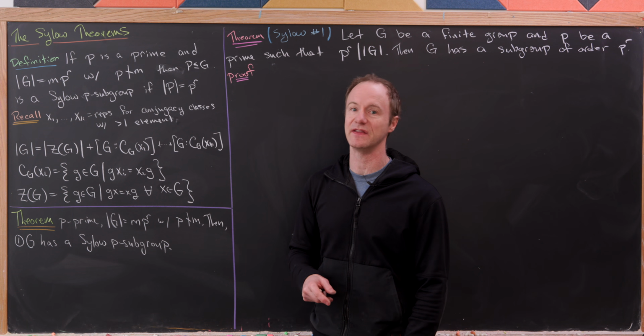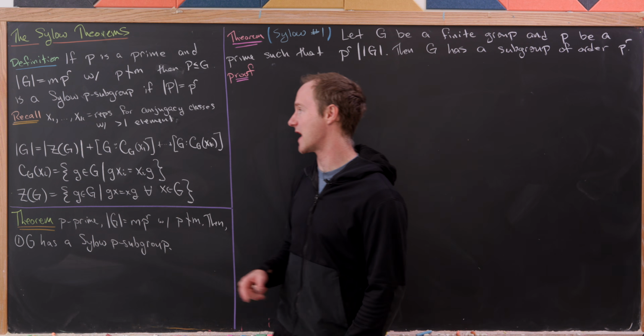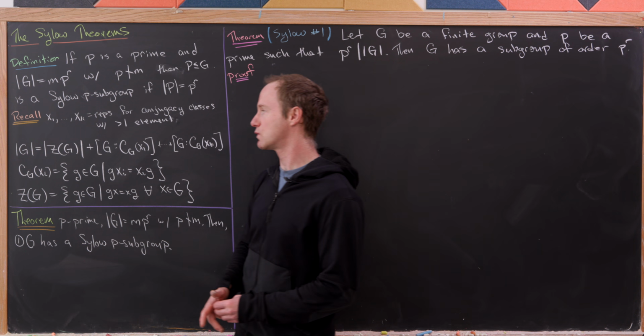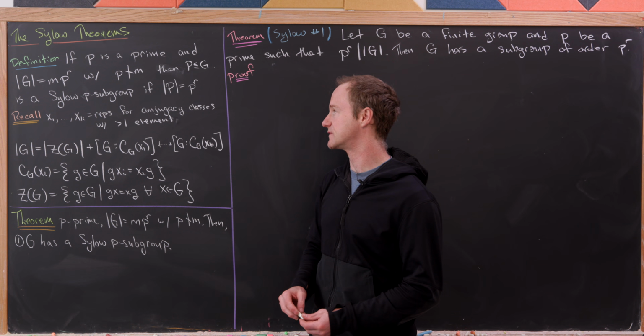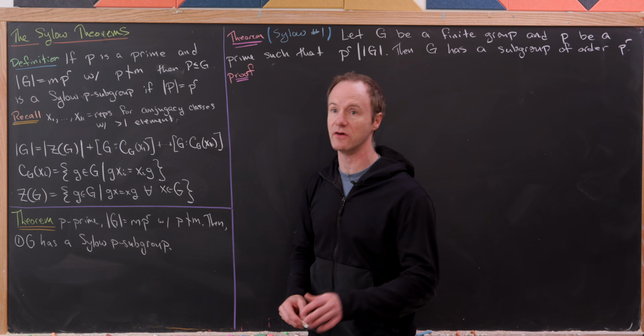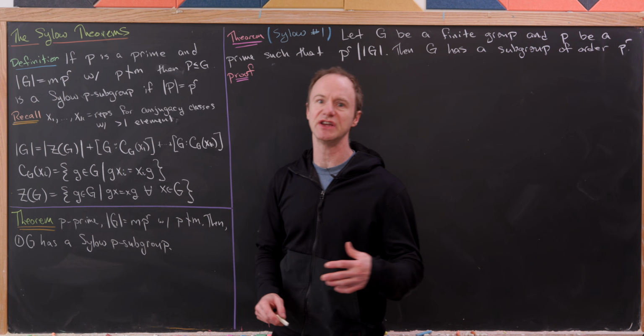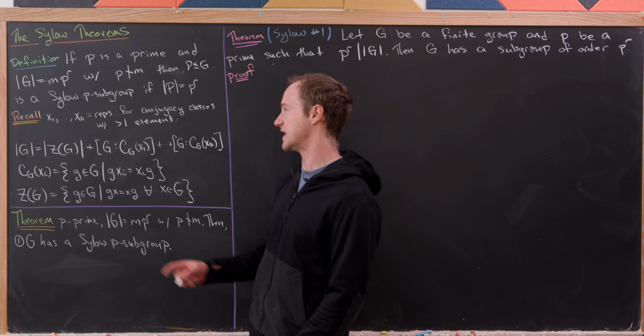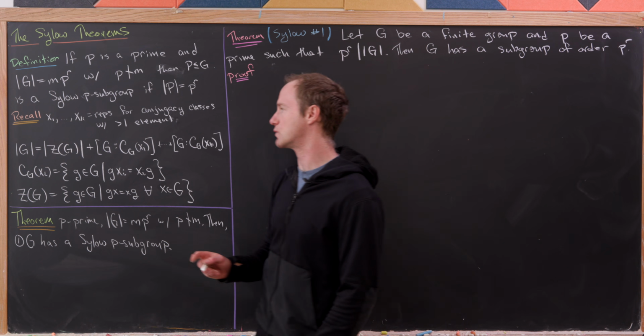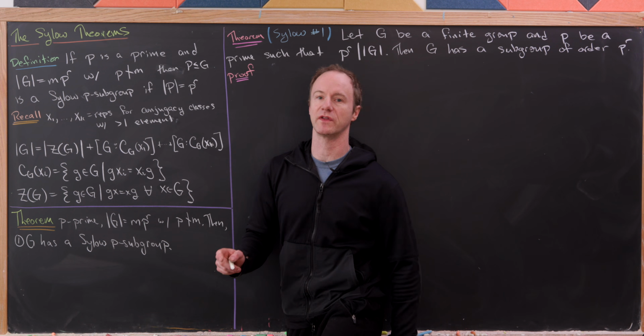In particular, we're going to need the class equation. So let's recall that. Let's suppose that x1 to xk are representatives for conjugacy classes of a group G. So G is acting on itself via conjugation, but these are representatives where those classes have more than one element.